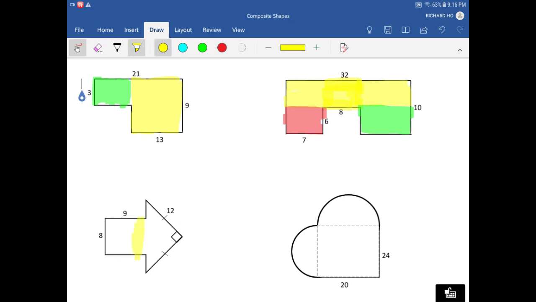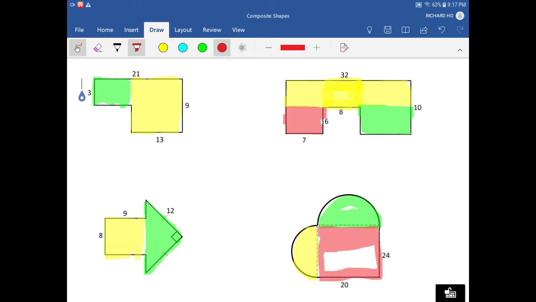Over here, I'm going to take this rectangle, and then this triangle here. Here you have a half circle, then another half circle, and a rectangle.